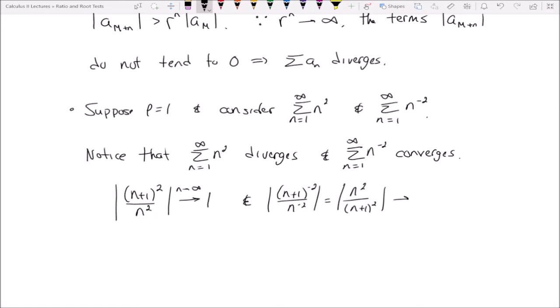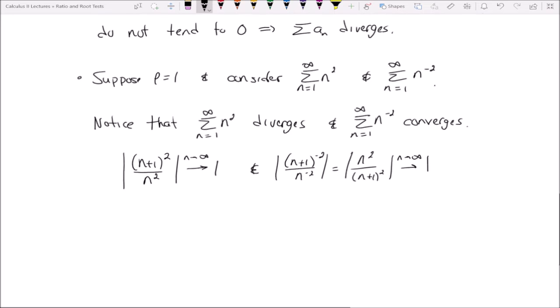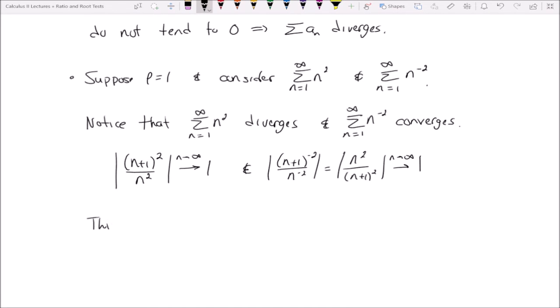That's also converging to 1 as n approaches infinity. So what this shows is that when rho equals 1, both convergence and divergence are possible.